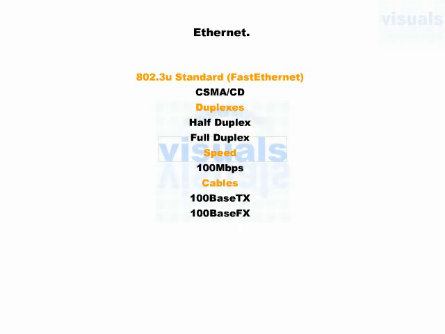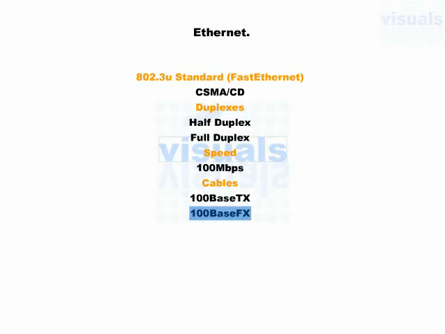100 base FX. Here it is. This cable provides 100 Mbps data transmission rate based on FX cable. FX means fiber optic. It uses type 62.5/125 of multi-mode fiber optic cable.